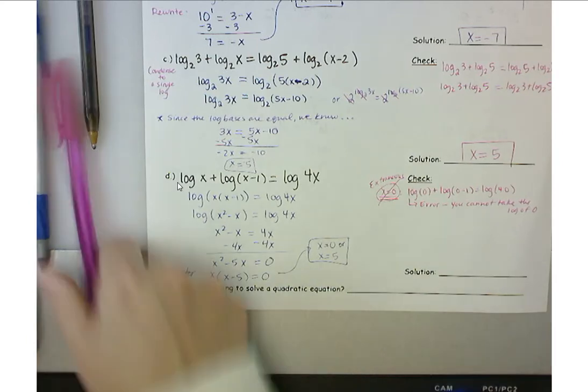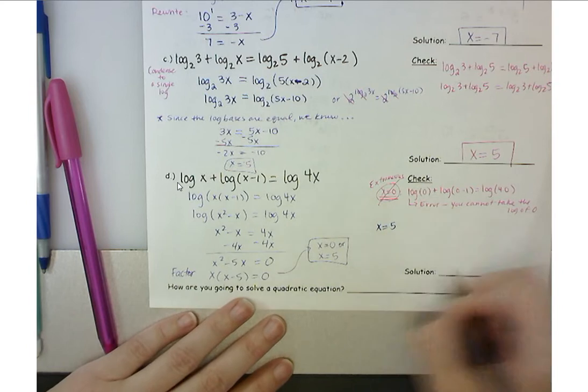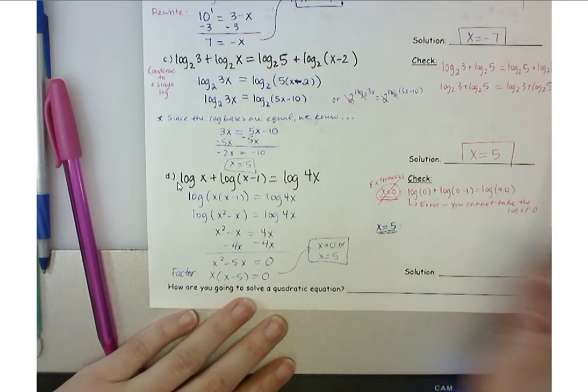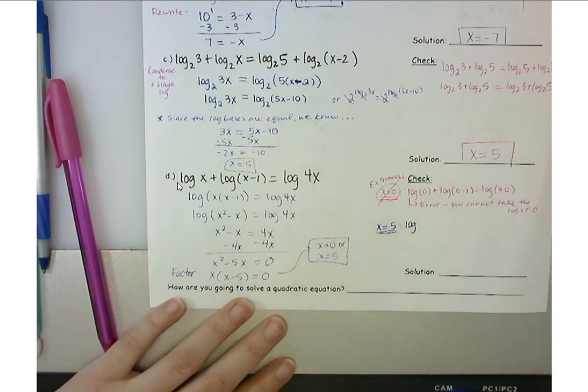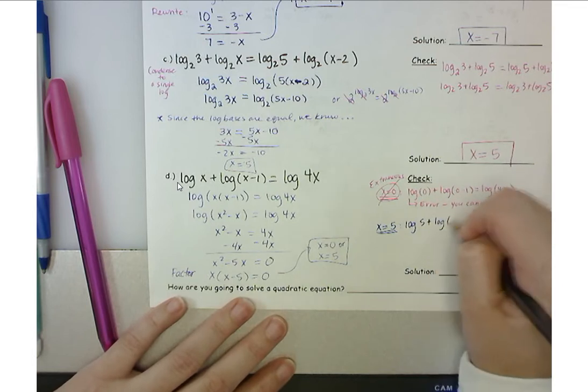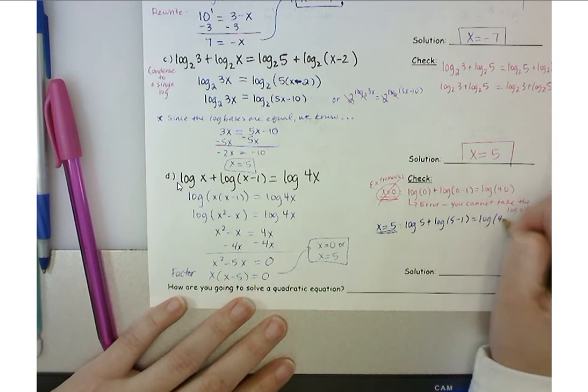All right, let's see if x equals 5 works. If it doesn't, what would your solution be? None, right? No solution. Okay, if it does, then it would just be x equals 5. So this is going to be the log of 5 plus the log of 5 minus 1 equals the log of 4 times 5.